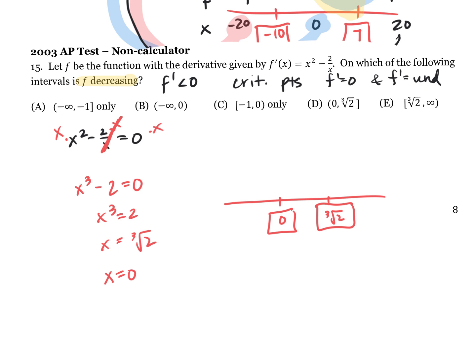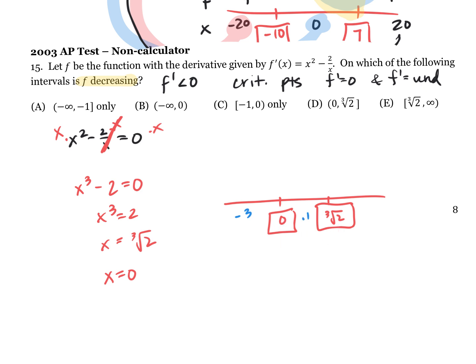Okay, what number do you want to give less than 0? Negative 3. Between 0 and the cube root of 2, I don't know what the cube root of 2 is. That's fine. What could we pick? 0.1. I think 0.1 is a great guess because you're going to hug the 0 since you're not quite sure what the cube root of 2 is.